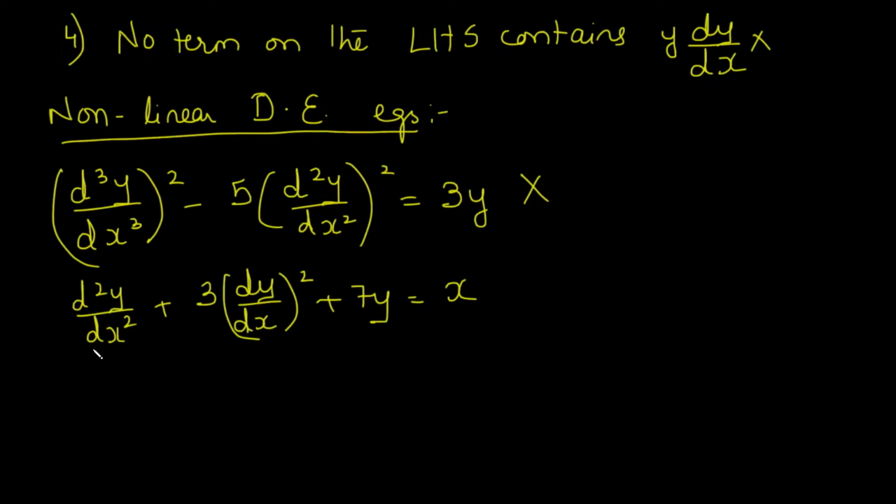But the power of each differential quotient matters: for d2y by dx2 the power is 1, and for dy by dx the power is 2. Therefore, again, it is a non-linear differential equation because the power of each differential quotient is not 1. So, in this way, once you solve a few sums, you'll be able to recognize which are differential equations, which are linear differential equations and which are non-linear differential equations.